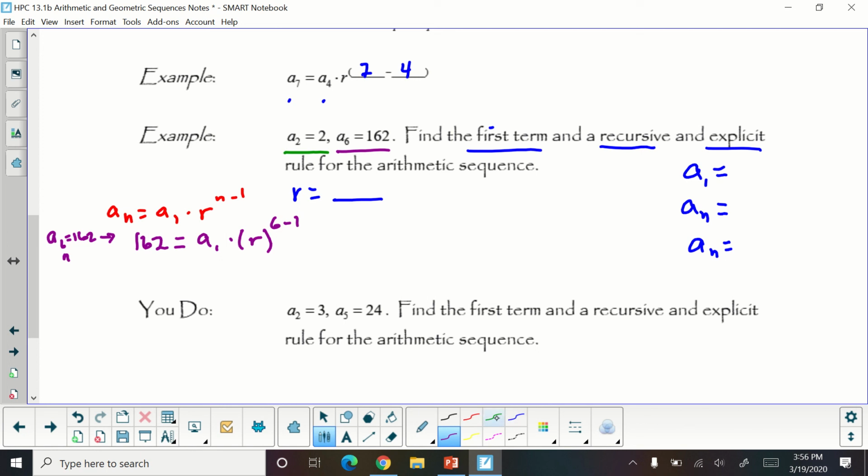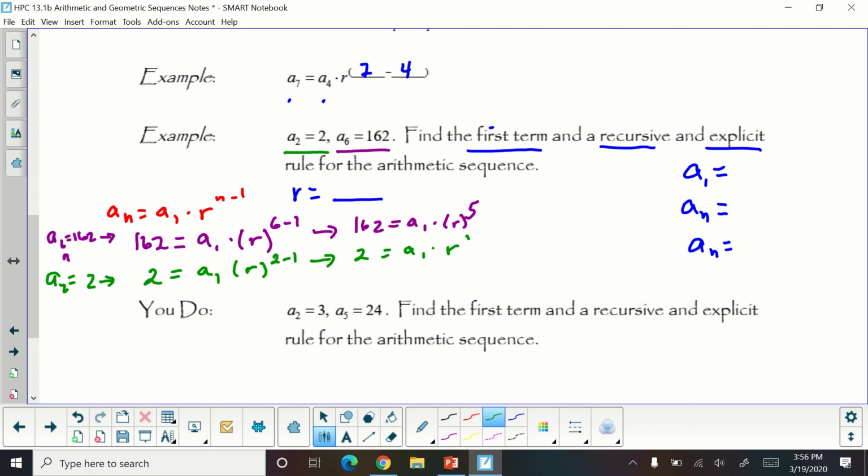If my second term is 2, then I have a sub 2 is equal to 2, and the term value, which is 2, will equal a sub 1 times r, both of which we don't know, raised to the 2 minus 1. So simplifying those, this becomes 162 equals a sub 1 times r to the 5th, and the second one becomes 2 equals a sub 1 times r to the 1st.